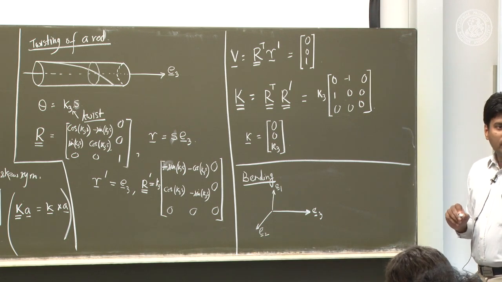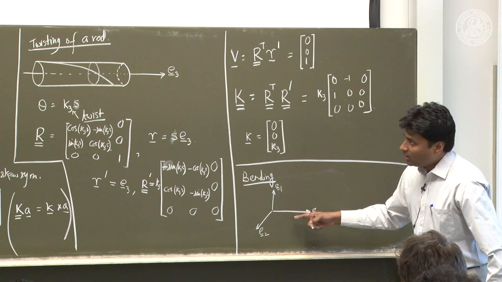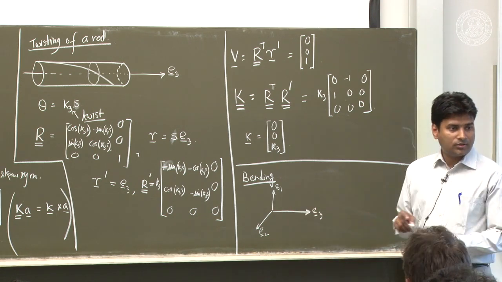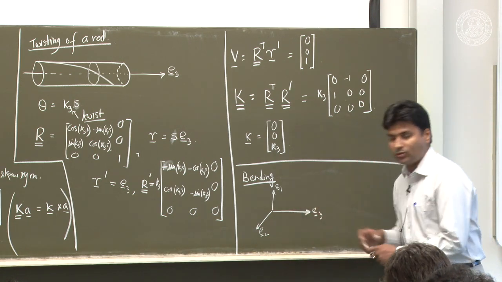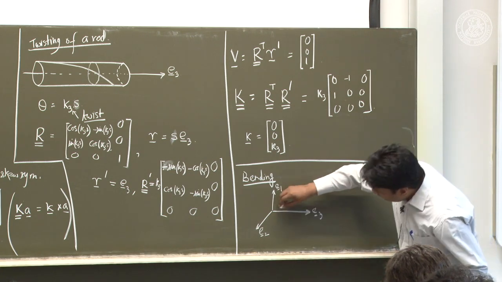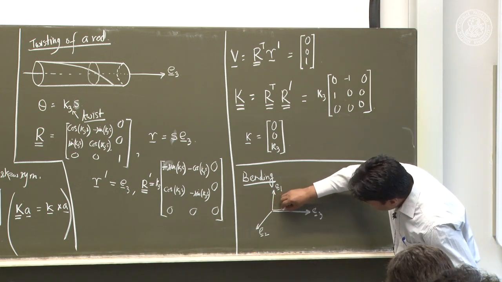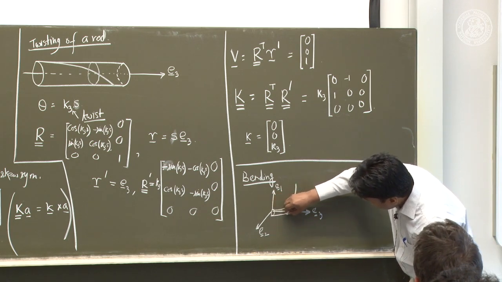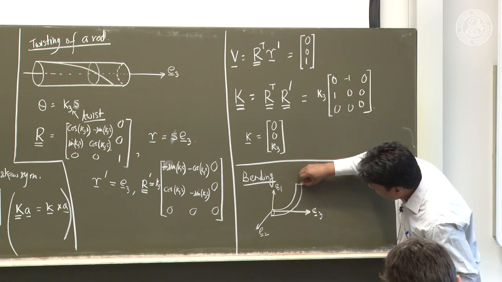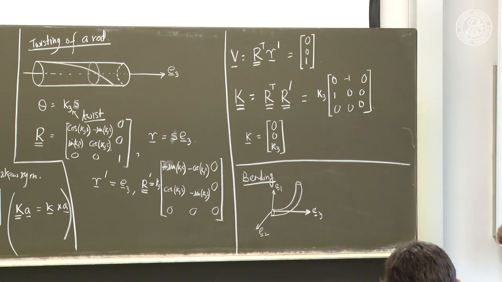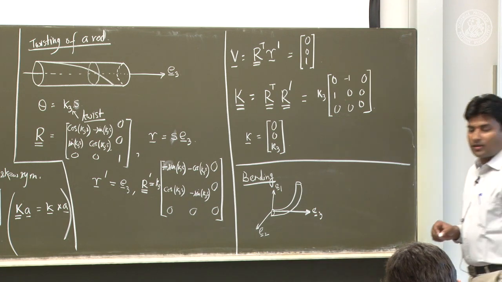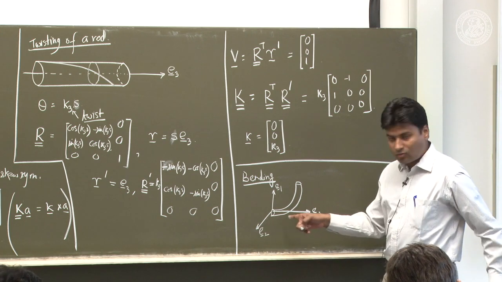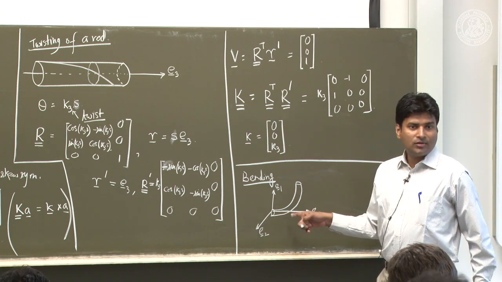And if I bend it, let us suppose I bend my beam about E2 axis. Okay, I am bending about E2 axis. So, it is going to become like this. Bending into a circle if it is a pure bending case.